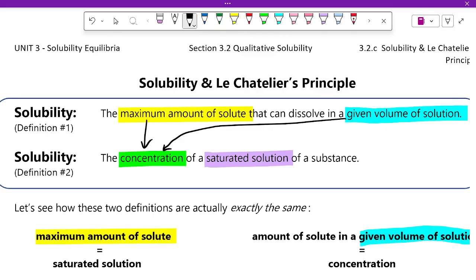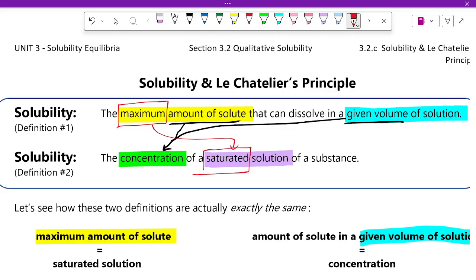So the amount of solute, actually not maximum amount. Come back. The amount of solute and the given volume gives us the concentration. A saturated solution has the maximum concentration.